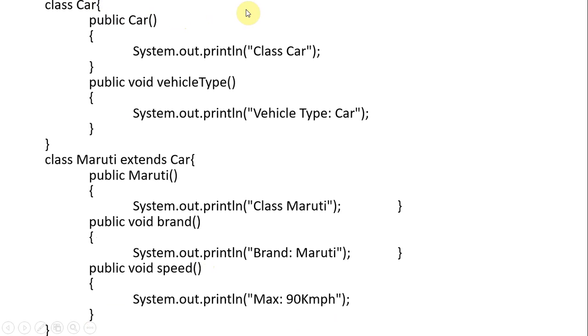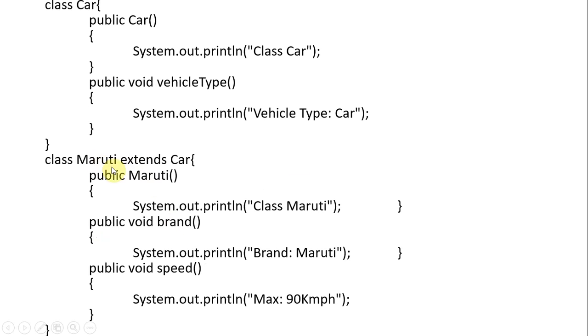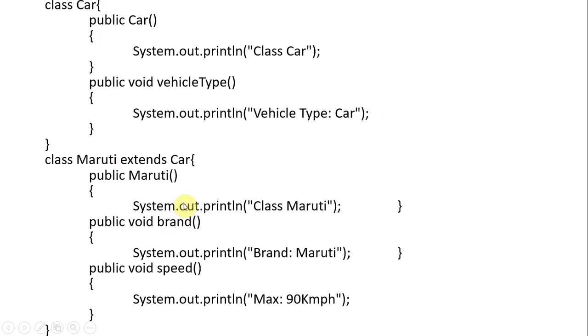Next, Maruti 800. Maruti 800 is extending Maruti. So Car is a superclass, and Maruti is a subclass of Car, because we are presenting inheritance here. Now Maruti 800 is trying to extend Maruti, which is actually a subclass of Car, and now it acts like a base class for Maruti 800.